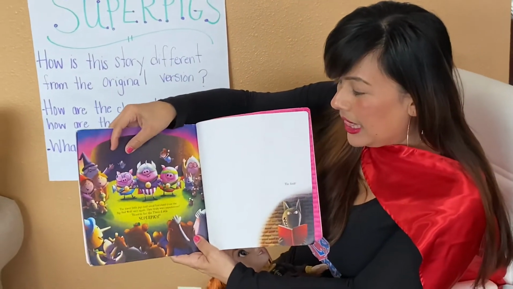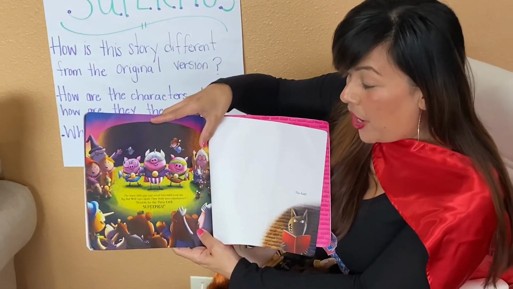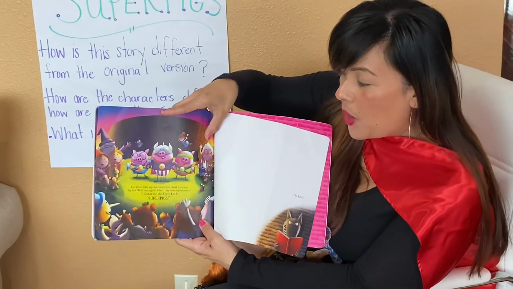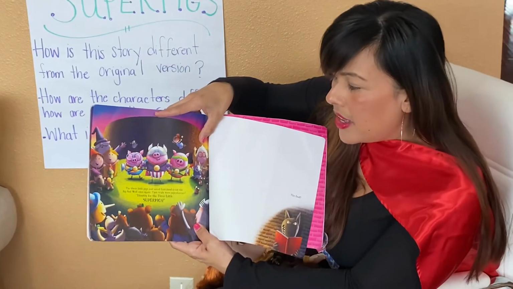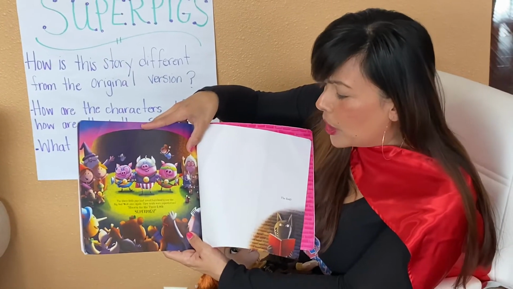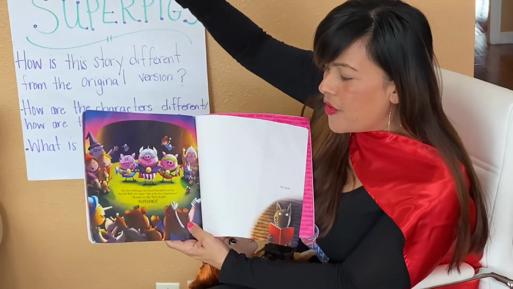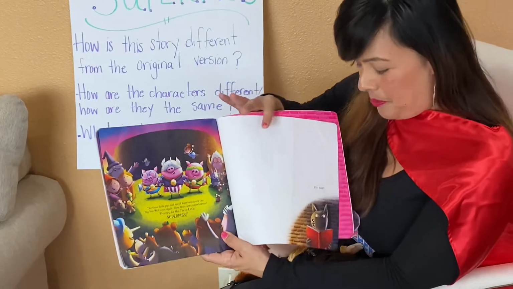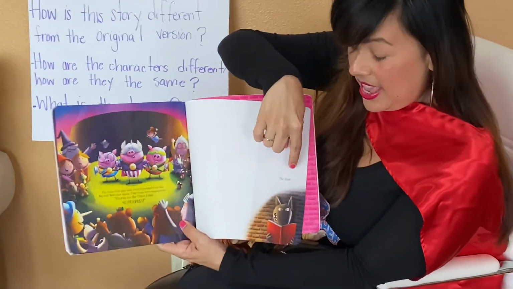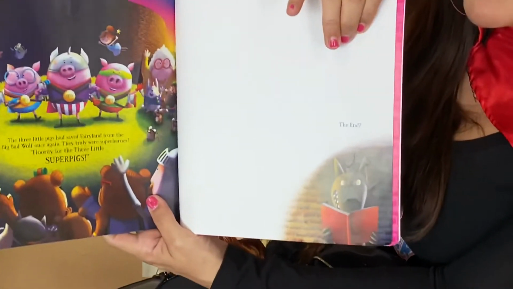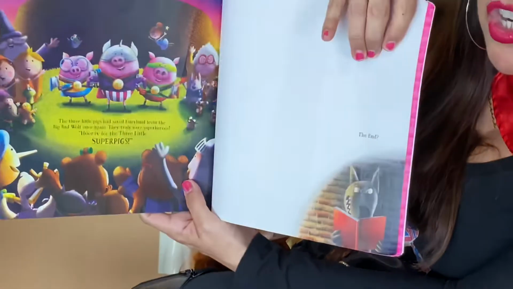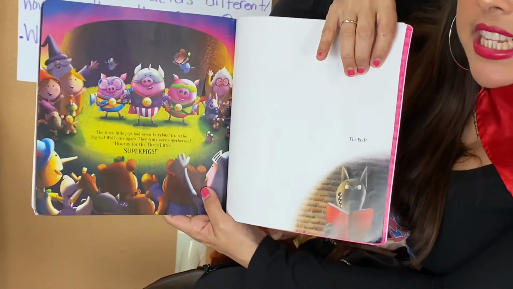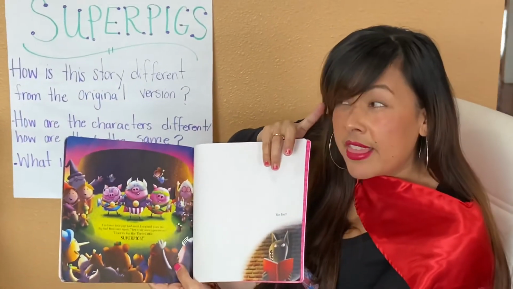The 3 little pigs had saved Fairyland from the big bad wolf once again. They truly were superheroes. Hooray for the 3 little pigs! Hooray! The end. But there's a question mark, boys and girls. Is it really the end? It's a question. The end?